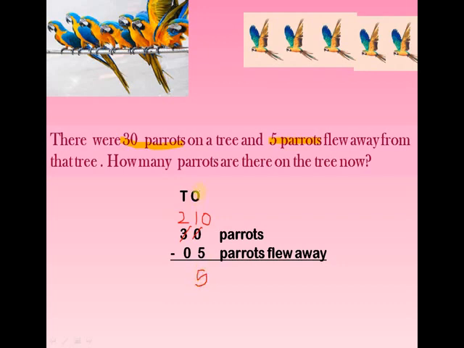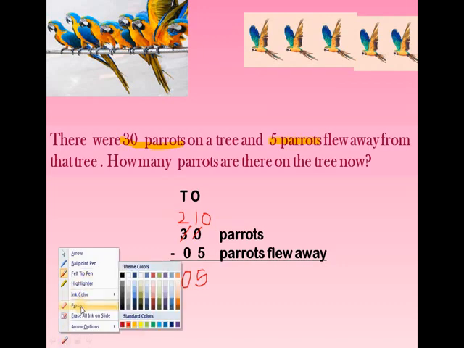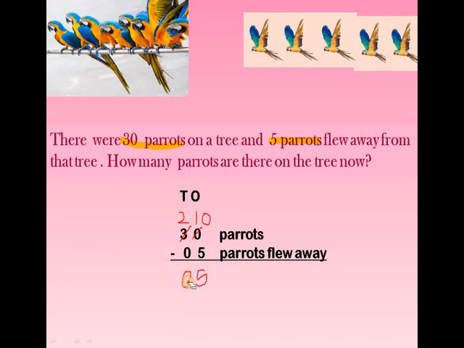Now go to tens. 2 minus 0. 2 minus 0 is 0. So we are going to, no, it's not 0. Correct, it's 2. So always remember, I'm going to confuse you.